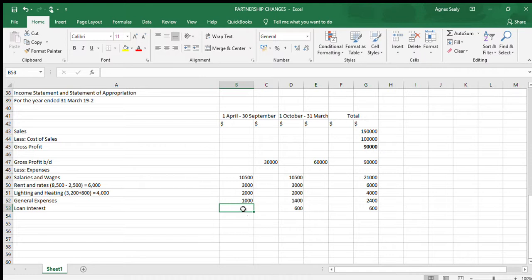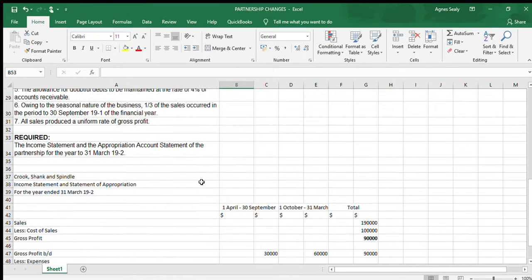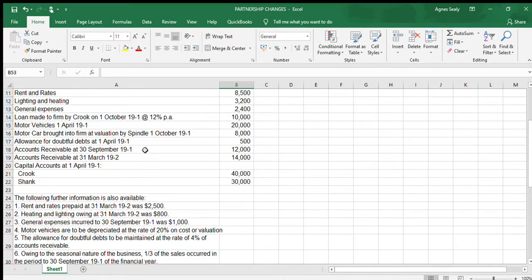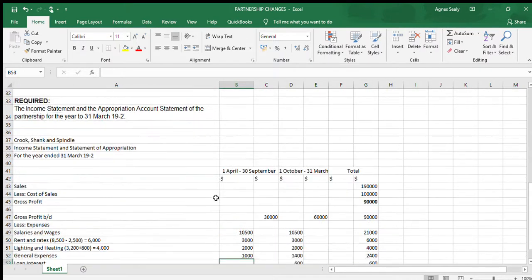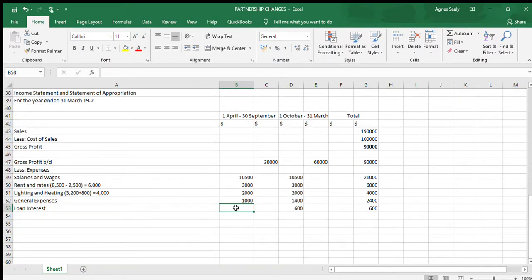And earlier in part 1 of our video, we calculated our loan interest and we recognized that the loan came into the partnership on the 1st of October, when the partnership changed, at an annual interest rate of 12% per annum. So therefore, there was no loan between April 1st and 30th of September 19-1, and we will not have any loan interest for that period.